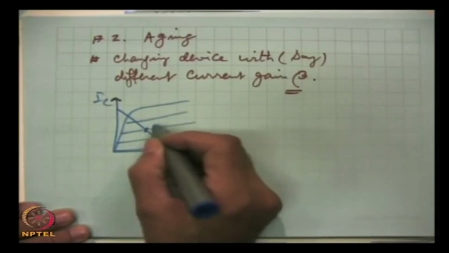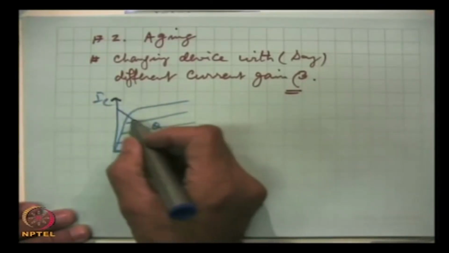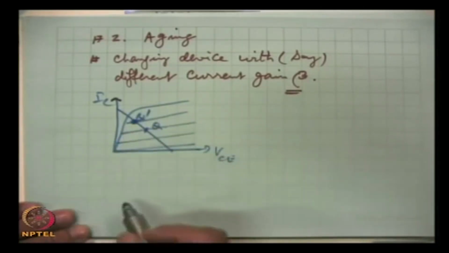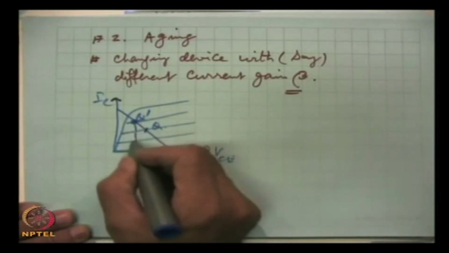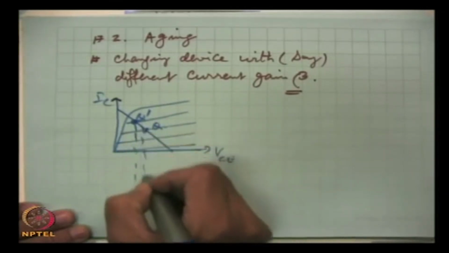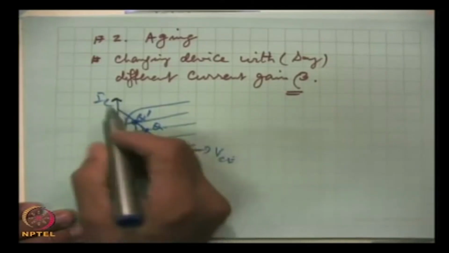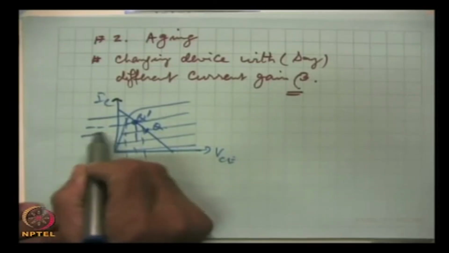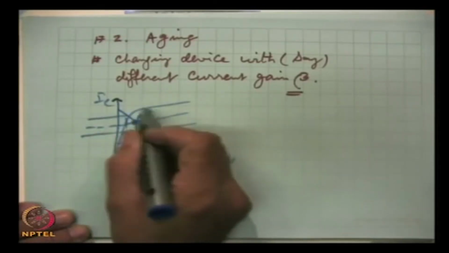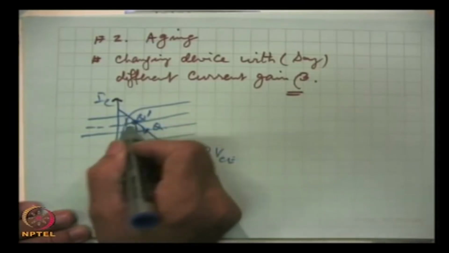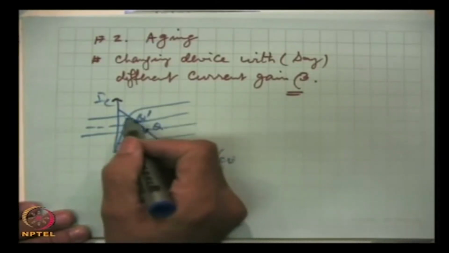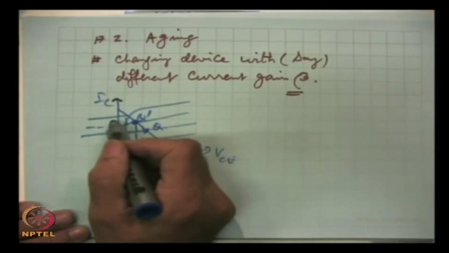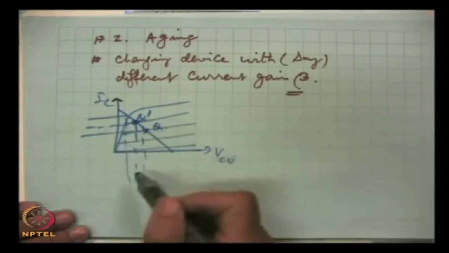Earlier we started with Q here, but it may shift, for example, here, and when we apply the AC signal, then the portion of the wave which appears in the saturation region, that is the region in which the output current does not vary according to the input.